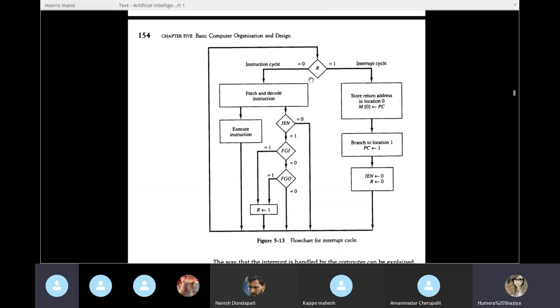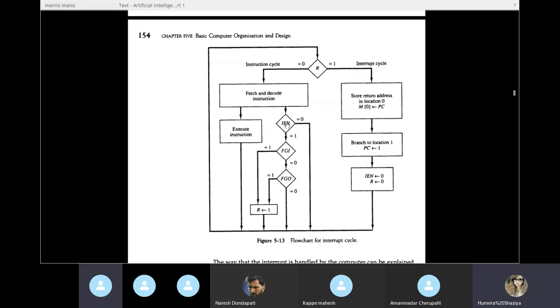When a computer is executing an instruction, first it performs fetch and decode, and then executes. During the execution of an instruction, it checks the IEN flag. This is a decision box.